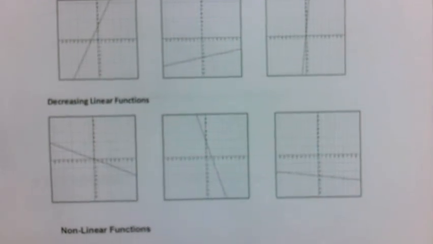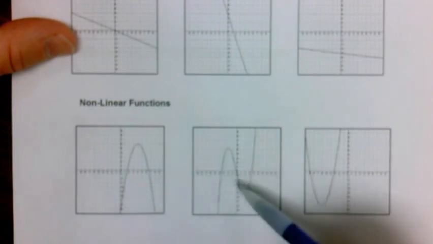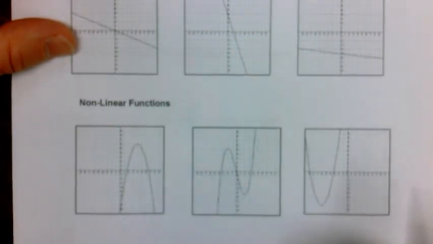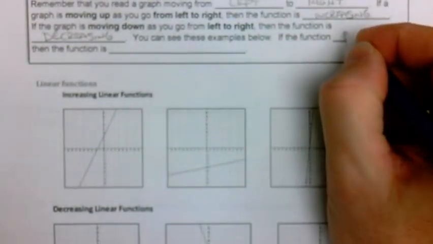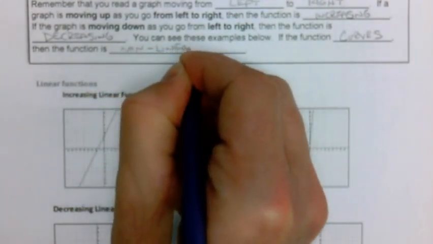Nonlinear functions, however, are going to be curved. You can see the different curves in these functions here, meaning that these are nonlinear. So, if a function curves, then the function is nonlinear. Nonlinear functions curve, but linear functions will always form straight lines.